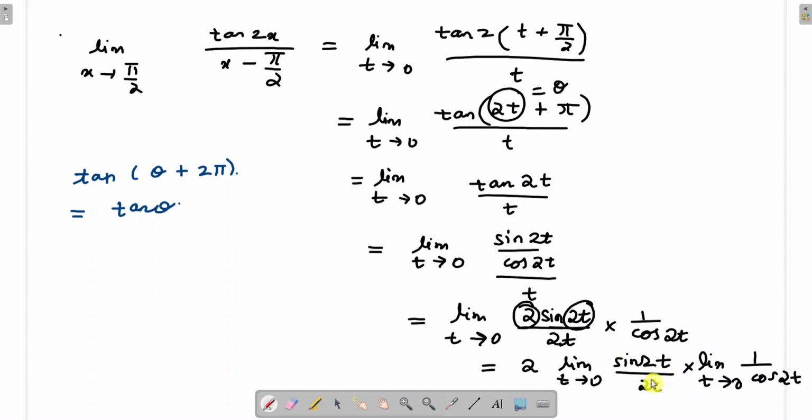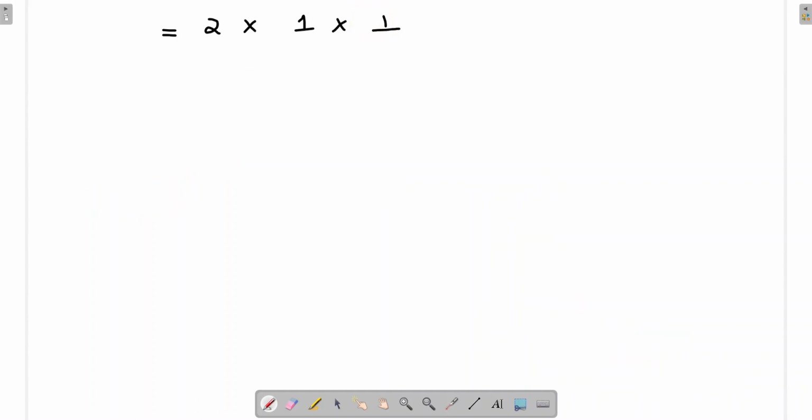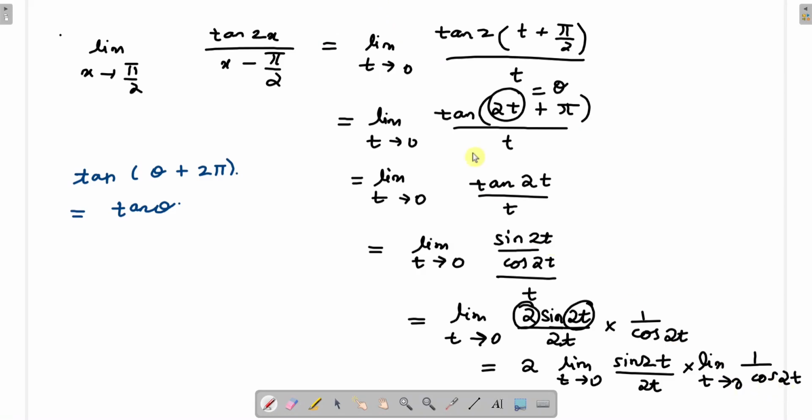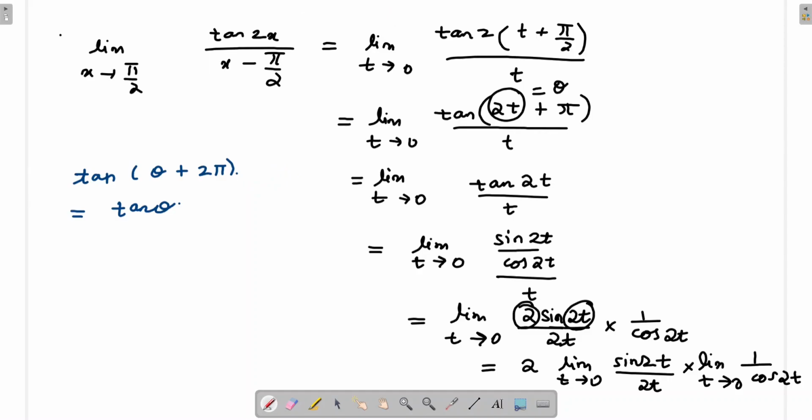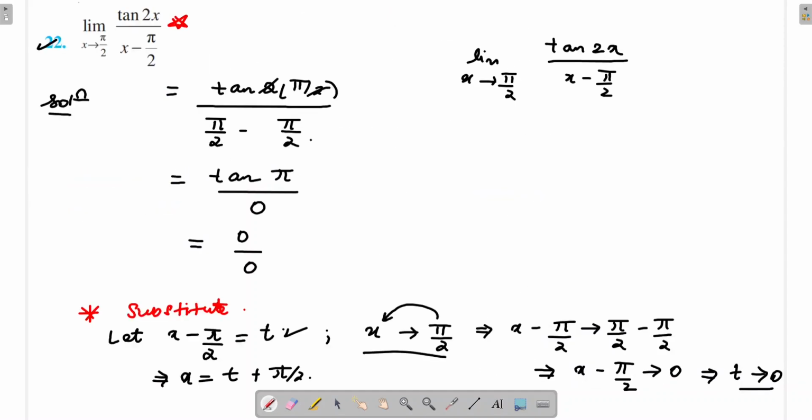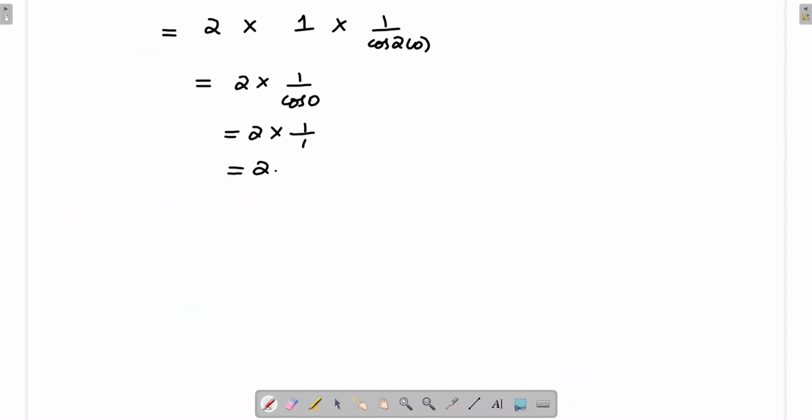Okay, this is 1 multiplied by limit t tends to 0 of cos 2t will be what? Cos of 2 times 0. This will be equal to 2 times 1 by cos of 0, and that is 2 times 1 by 1, and that is 2. Okay, this is the limit, and that was the last problem, 22.